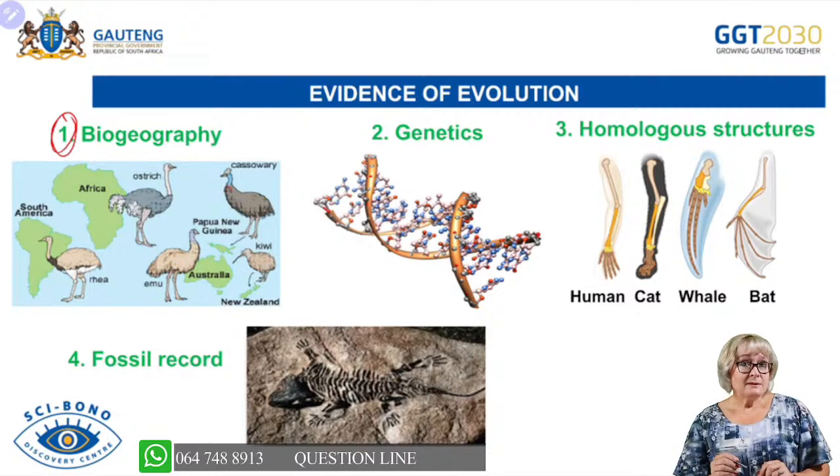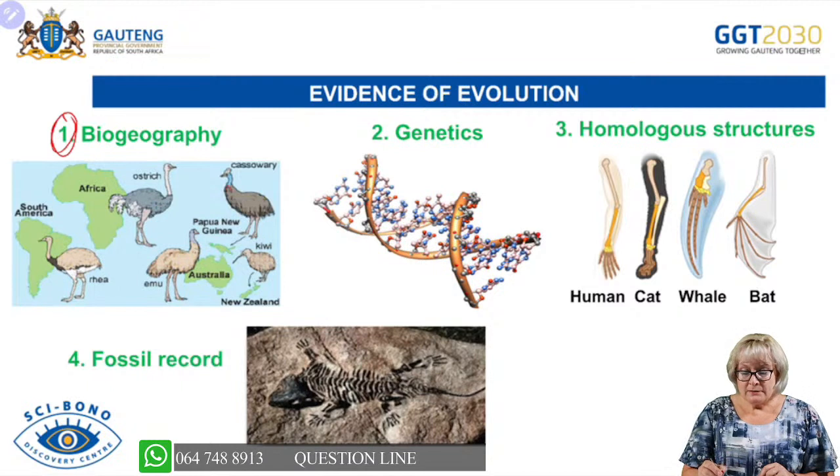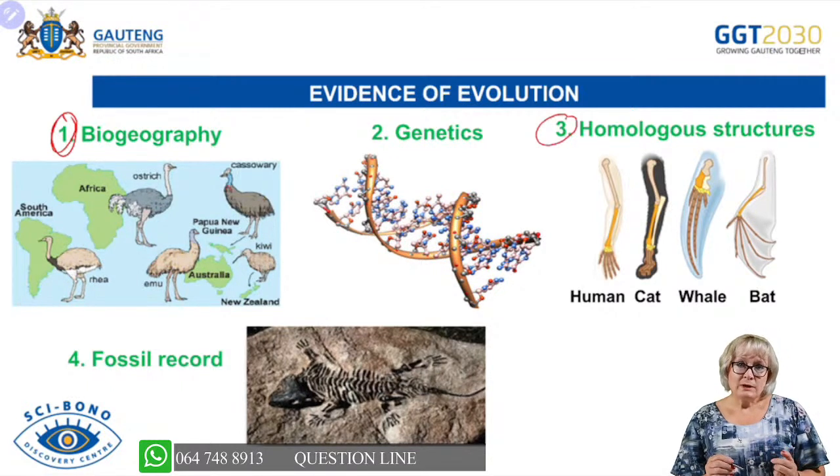The second evidence that we look at is that of genetics. And I know at this stage you do not know much about genetics. That is why next year in grade 12, you are definitely going to stand still at DNA and RNA and genetics and heredity. The third one that we are looking at, as evidence for evolution, is homologous structures.